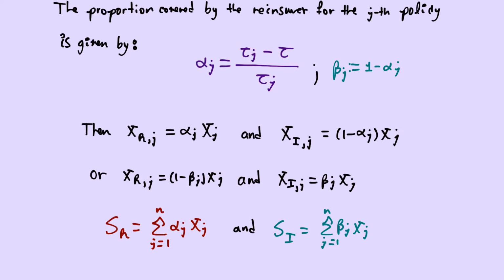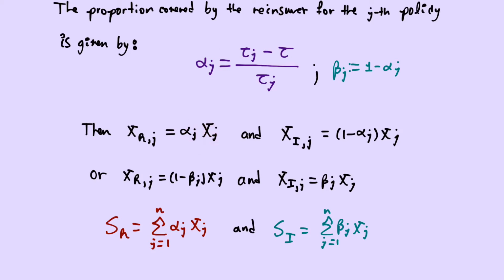And then for each of the policies, you will define this. This will represent the amount of a specific policy j that the reinsurance company will cover, and that would be defined by this proportion alpha j times xj.